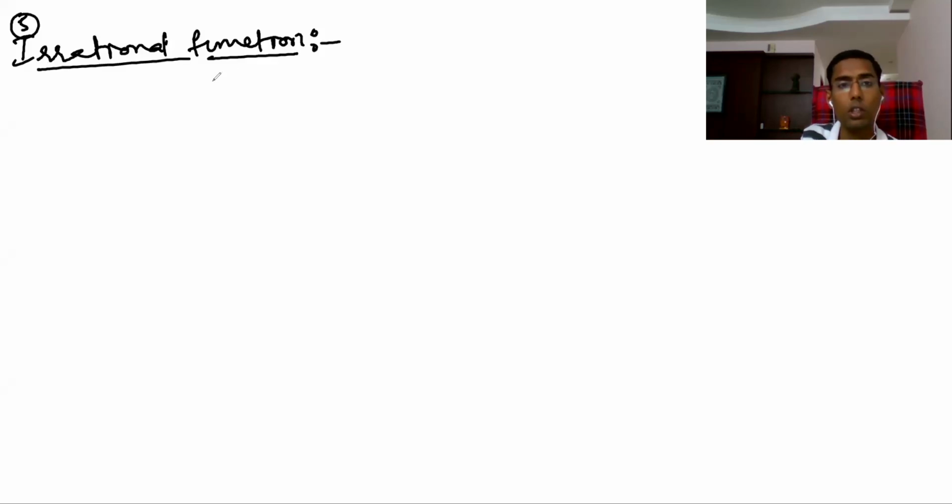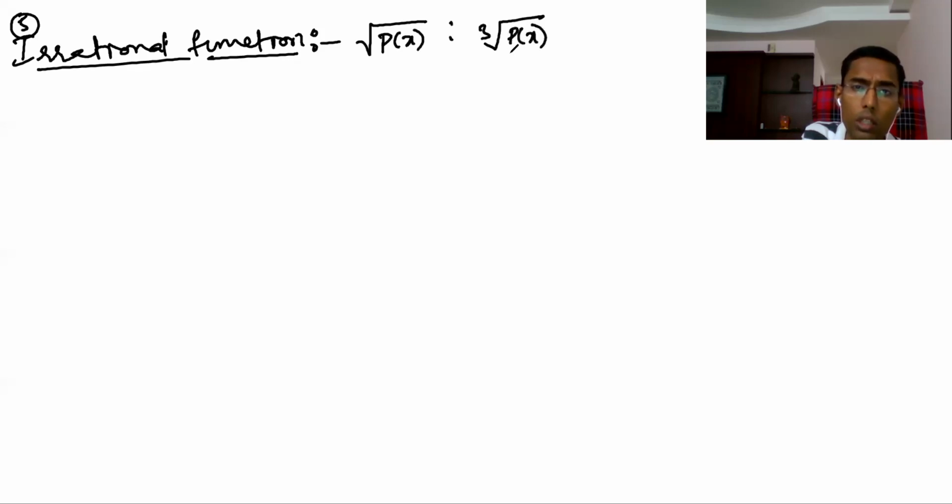Okay, then next, irrational function. Okay, what is irrational function? So square root of a polynomial, cube root of a polynomial. Now you understood, I think.